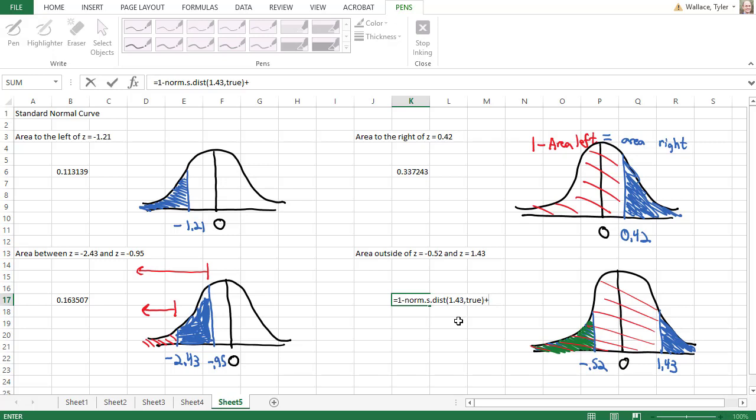So we're going to have to add that left tail back in: NORM.S.DIST, we're adding back in the negative 0.52 area, TRUE. When I do that, we end up with the area outside of those two points being 0.3779. The probability we're outside of those two numbers is 0.3779.